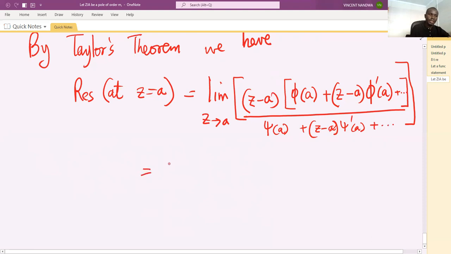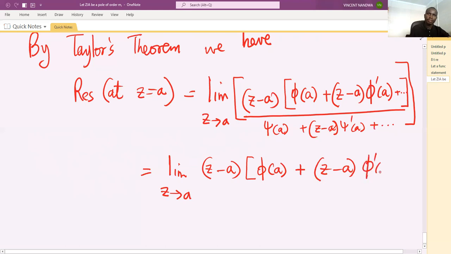Which will be the same as limit as z approaches a of z minus a into phi at a plus z minus a phi prime at a plus other several terms, divided by z minus a psi prime at a.